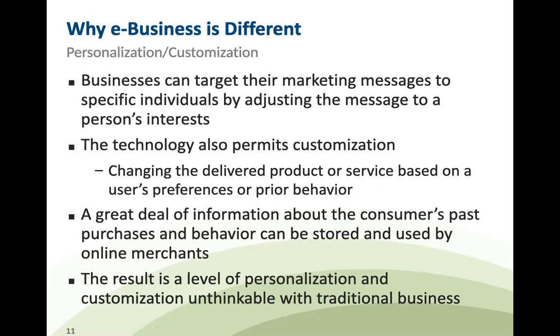So by making a request, businesses can target their marketing messages to specific individuals by adjusting the message to a person's interest. Yeah, so especially with these cookies and all, right? So they keep track of what the customer interests are. Likewise, they can personalize and customize the advertisements and the offers, depending on maybe the age range or the interest.